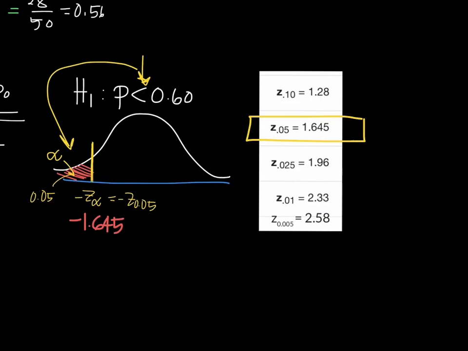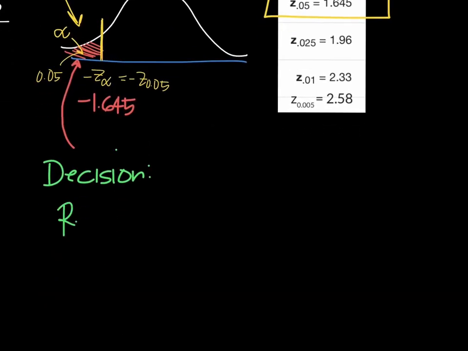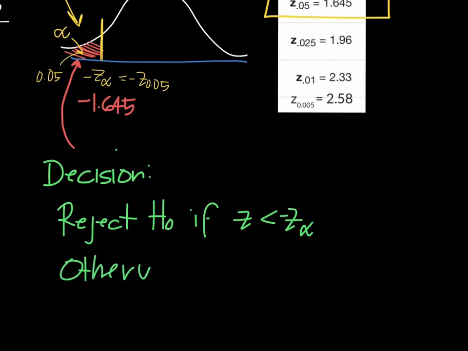So when we compute the z value, if that number falls in this critical region, or the rejection region, then the decision rule is: reject H0 if the z is less than negative z of alpha. Otherwise, we fail to reject H0.